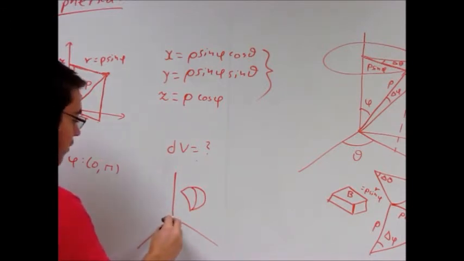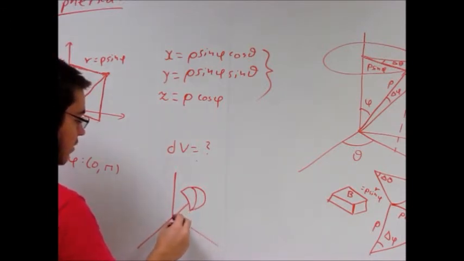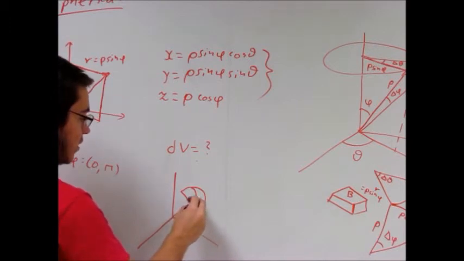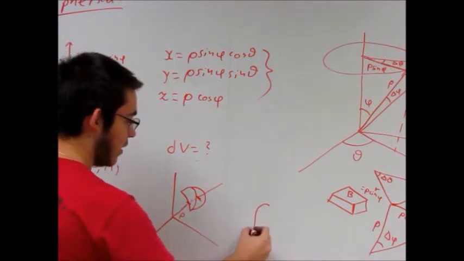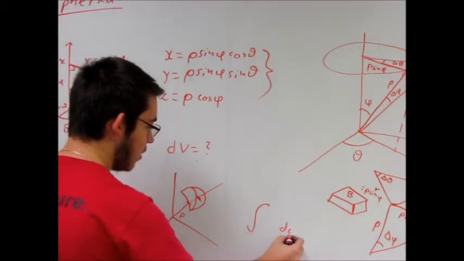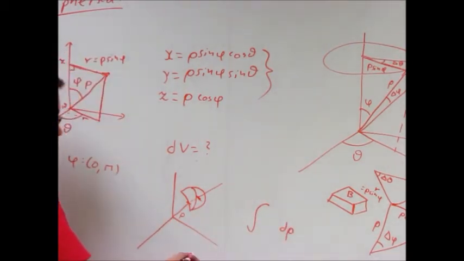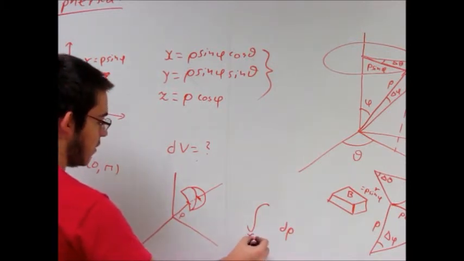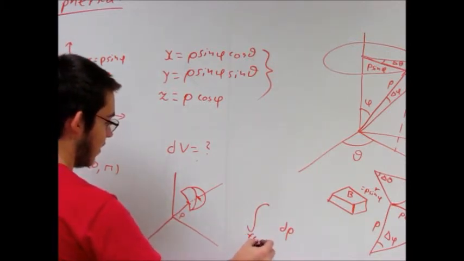And so you want to find out when does the rho enter, and then when does it exit. So you find these bounds, you integrate d rho, and this would be a function of phi and theta.